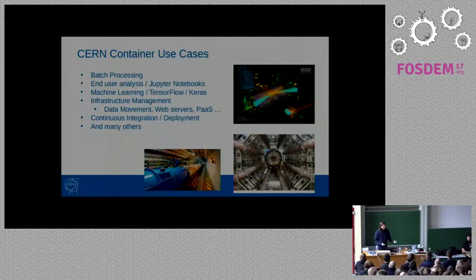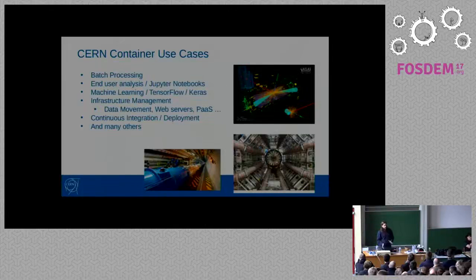So the first use case is batch processing, which is a distributed system that tries to do event reconstruction from the measurements that the sensors did. We also have end user analysis with Jupyter notebooks, because physicists want to analyze the data. And to allow them to do it more easily, we have these notebooks so they can do analysis in their browser.